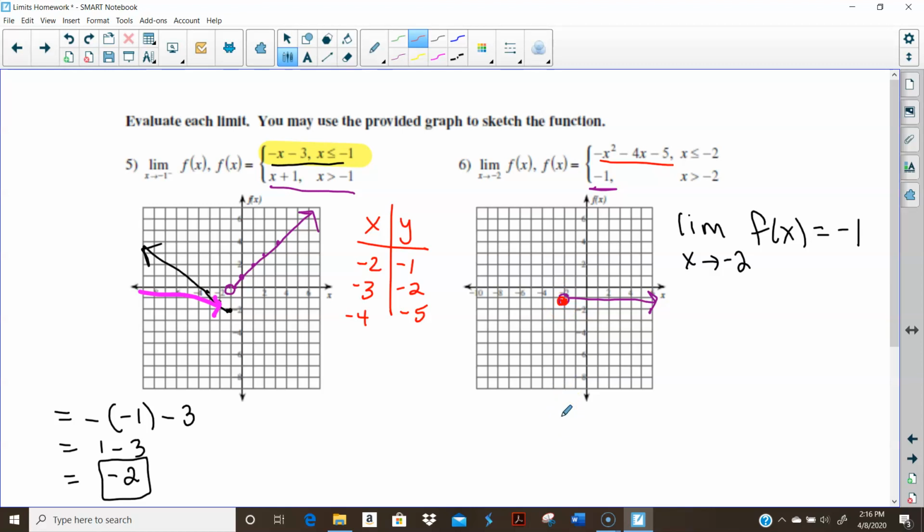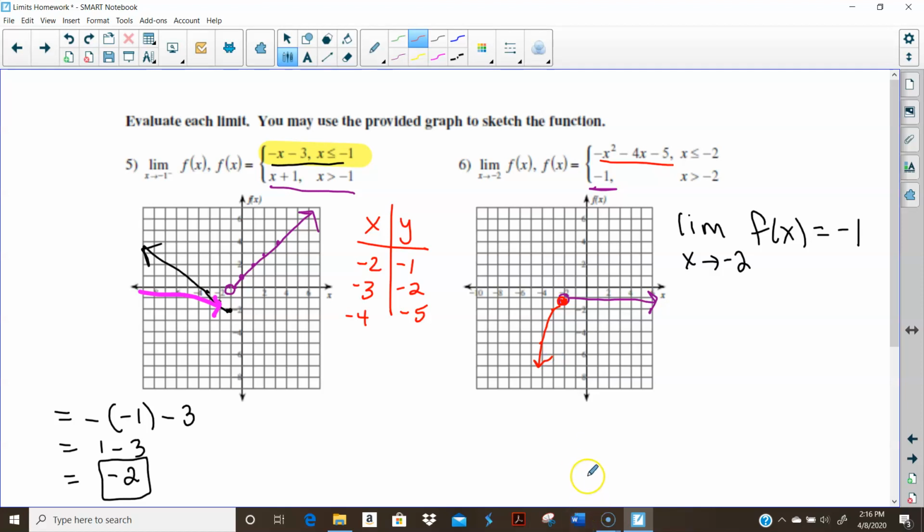So this is going to be a continuous function. So now if I go left 3 and down 2, and left 4 and down 5, this piece of the graph is a parabola.